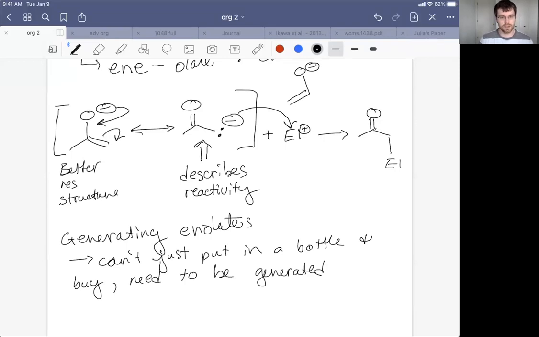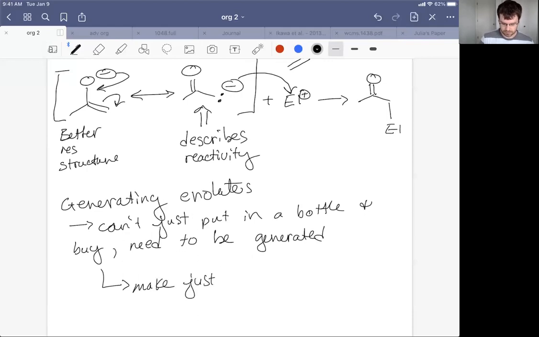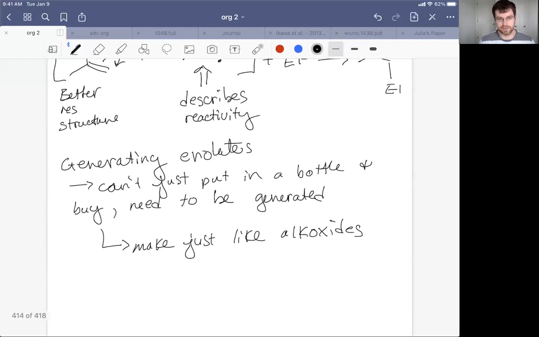Okay, so they need to be generated. And what we do is we make them just like we make alkoxides. Okay, so we just kind of deprotonate them. It's not a big deal. We just add a base and we deprotonate them, and then we have these two resonance structures. So it's not overly complicated.